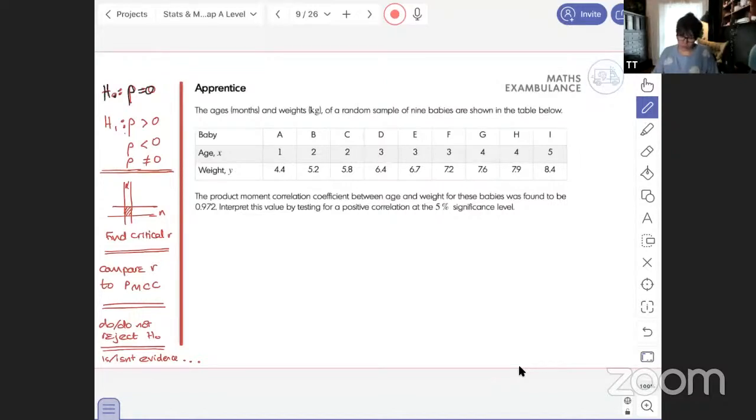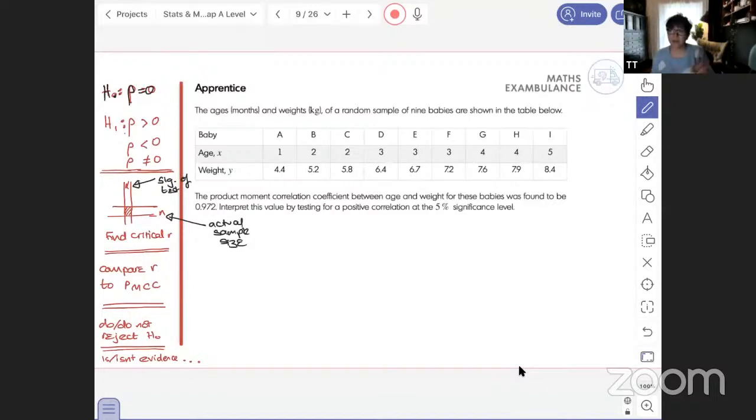Then what you're going to do is use the tables to find the critical value of R. And you find the tables by looking down the alpha and across the N. And the N is the sample size, actual sample. And the alpha is the significance of the test.